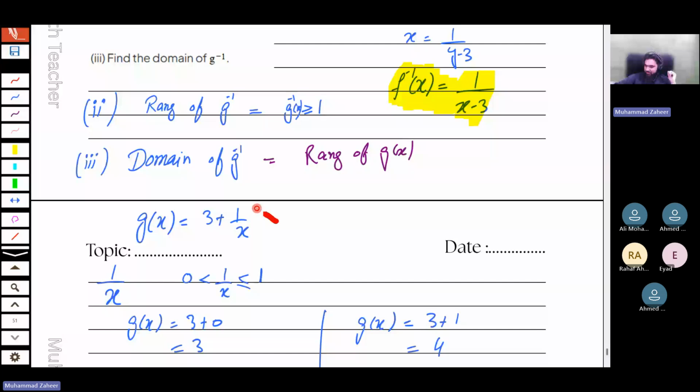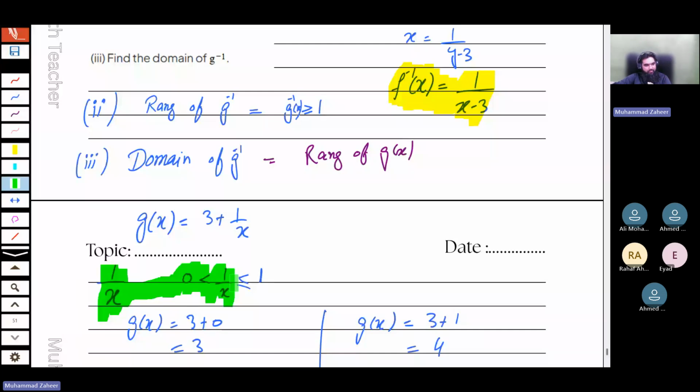The range is the output values, so we just look for the minimum and maximum value. In this function, 3 is a constant value, so the value varies only because of 1 over x. So we have to look at 1 over x especially.